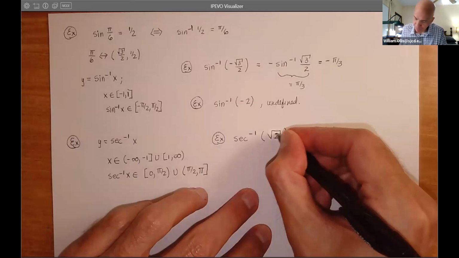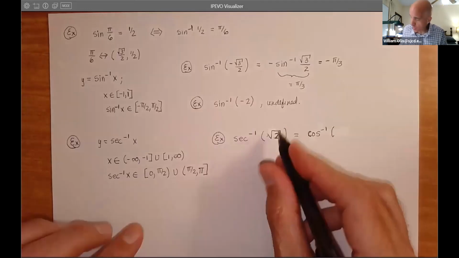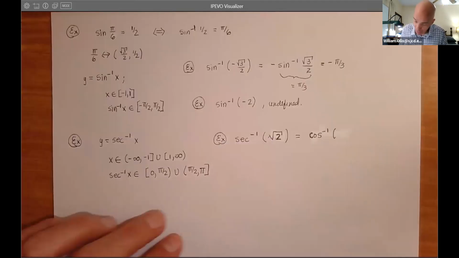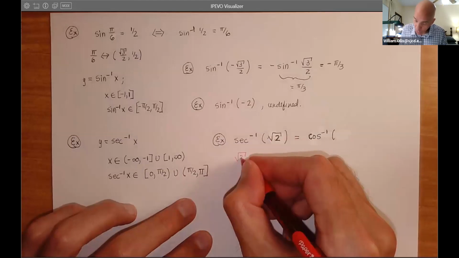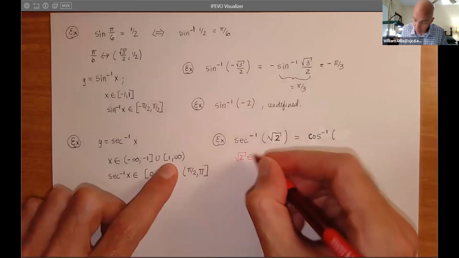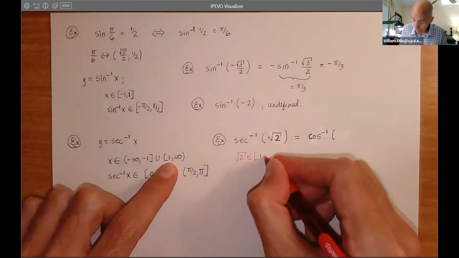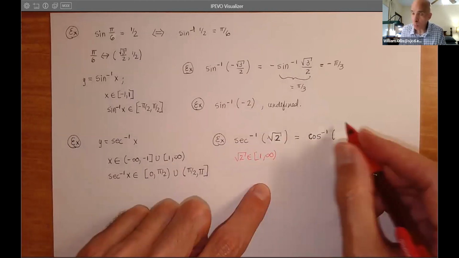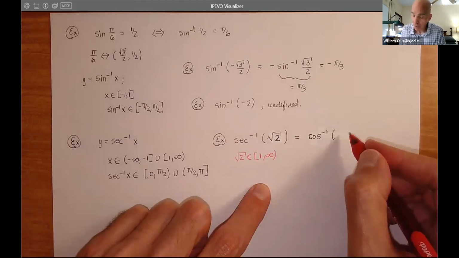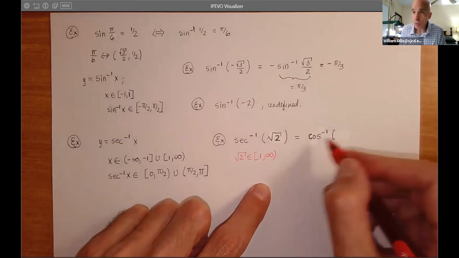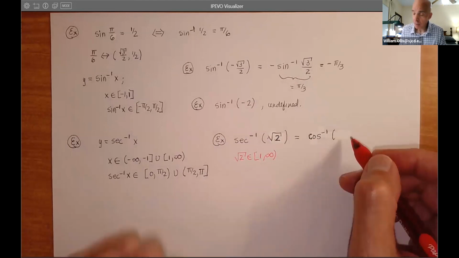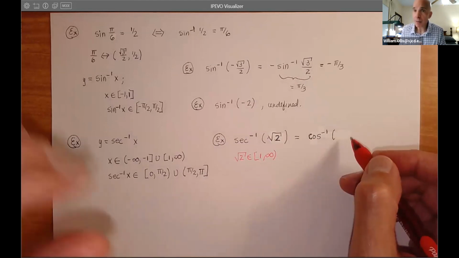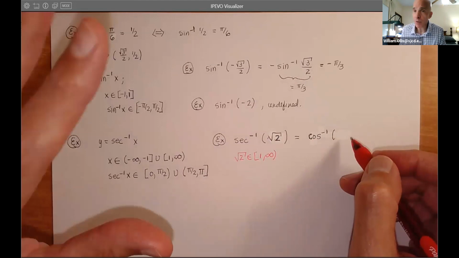That makes sense. Notice, and let me just show you why that was good. √2 lives from 1 to infinity. So what I had originally written was undefined because when I did √2, that's too big for the input of the inverse cosine because it's bigger than 1.